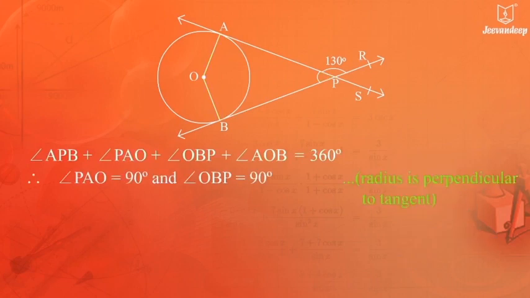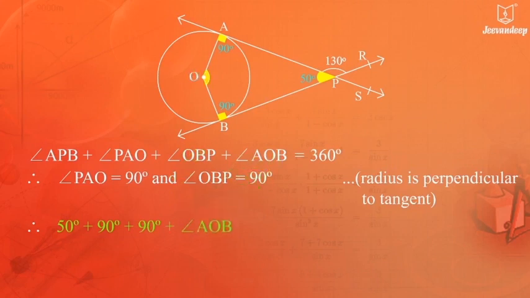As radius is perpendicular to tangent, therefore angle PAO equals 90 degrees and angle OBP equals 90 degrees. Therefore, 50 degrees plus 90 degrees plus 90 degrees plus angle AOB equals 360 degrees.